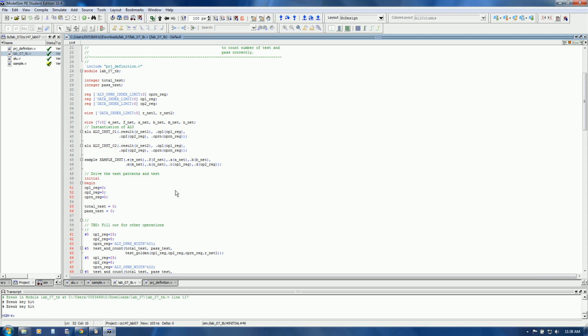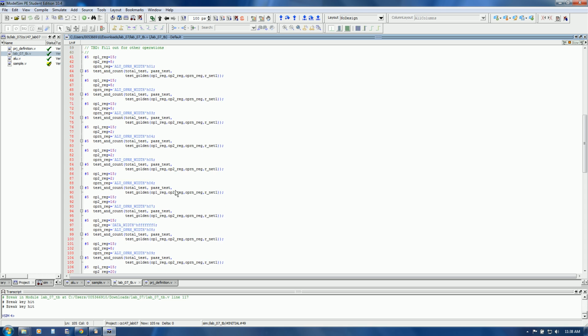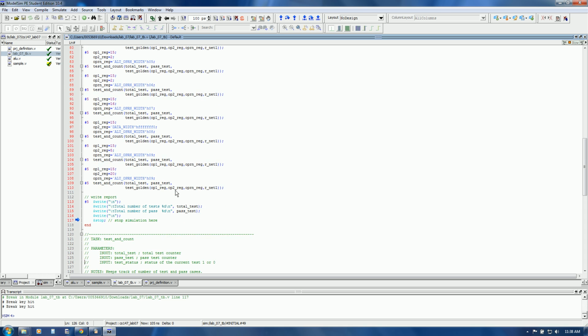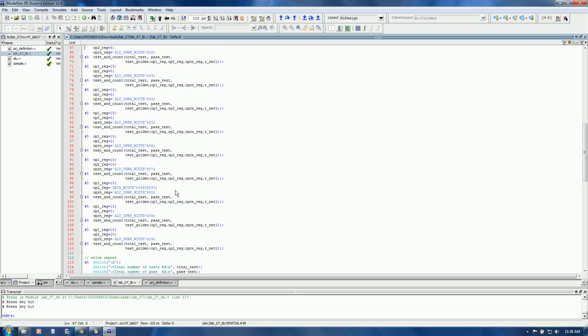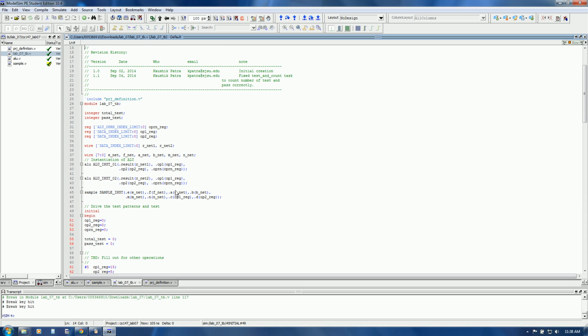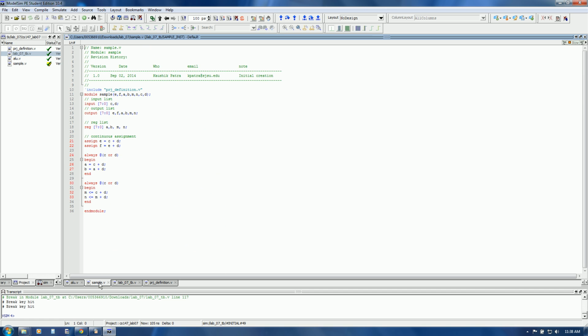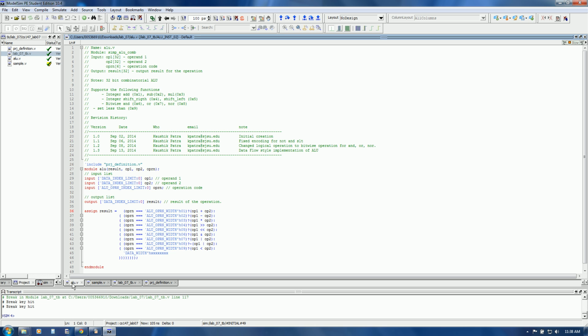This is the same test bench as for the ALU, but here we are interested in seeing the behavior of the sample instance, which is the same as the slide we described: two assignments, one blocking and one non-blocking, and we'll of course do the ALU behavior as well in parallel instantiation.